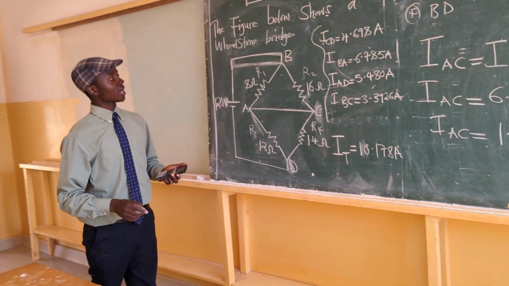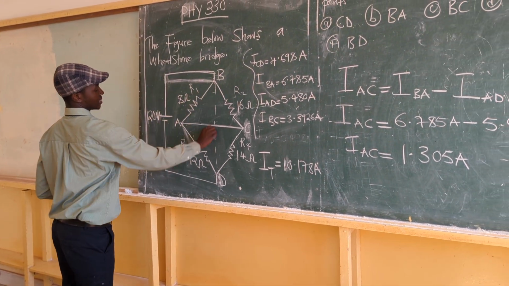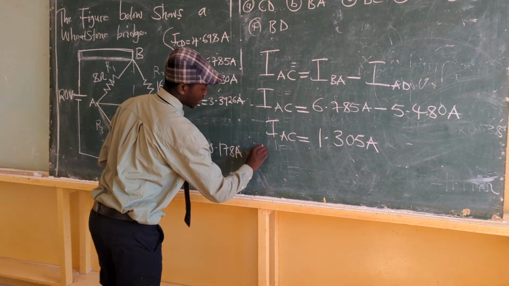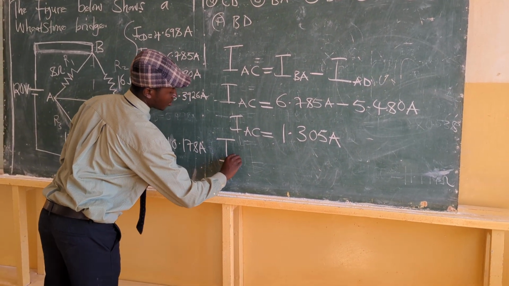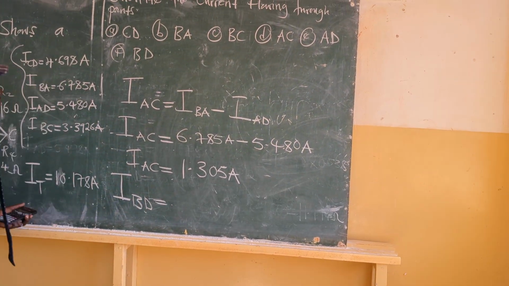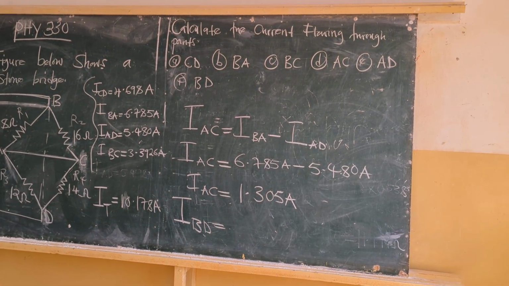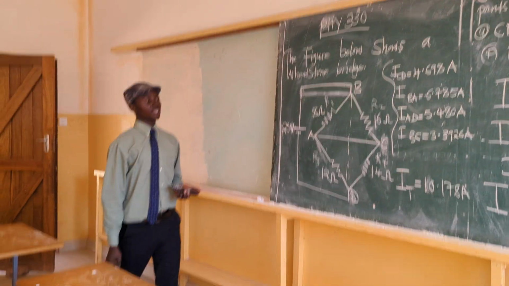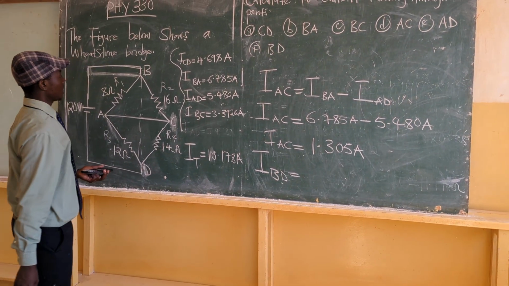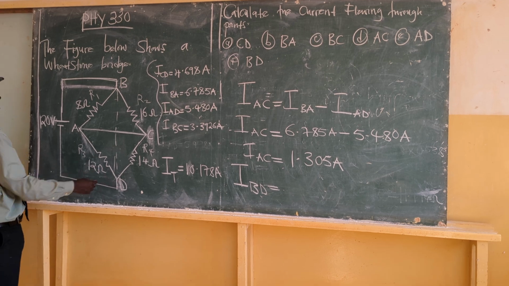Now how can we calculate the current flowing at the point BD? This current here. The current flowing at point BD is the total current of the circuit, which is 10.178. This is the current flowing at the point BD as well.